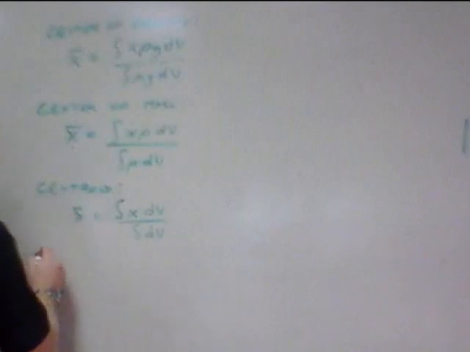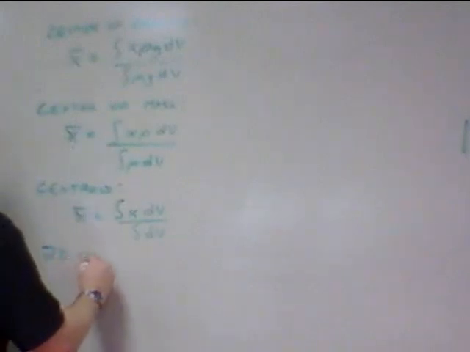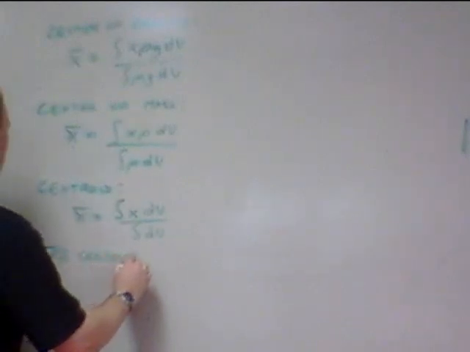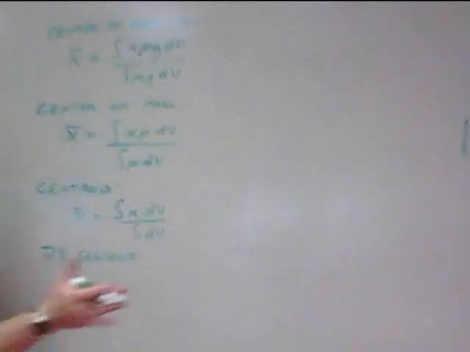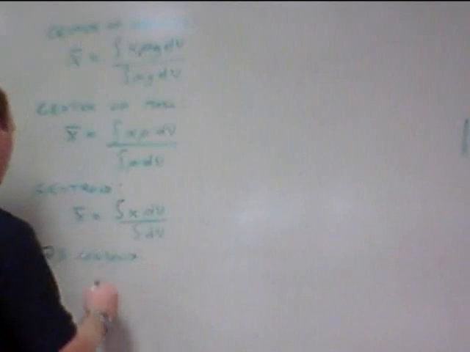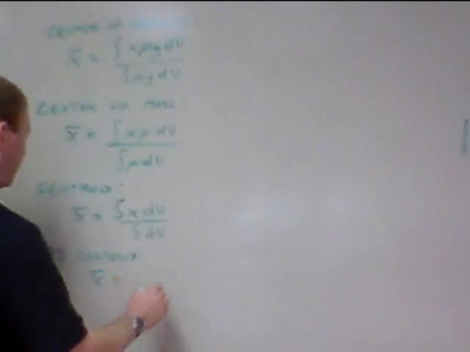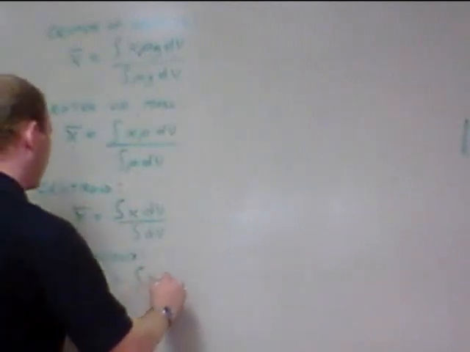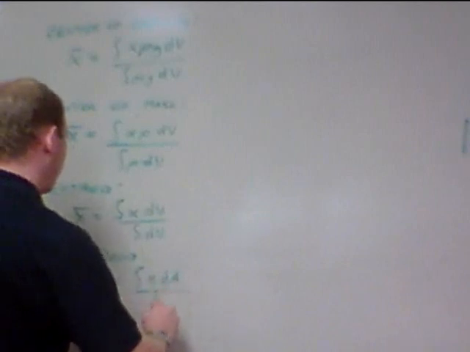There are also things we can do here with 2D centroid. Okay, when we're dealing with something with uniform depth, which we're talking about a two-dimensional object, we'll have x bar equals the integral of x dA over the integral of dA.